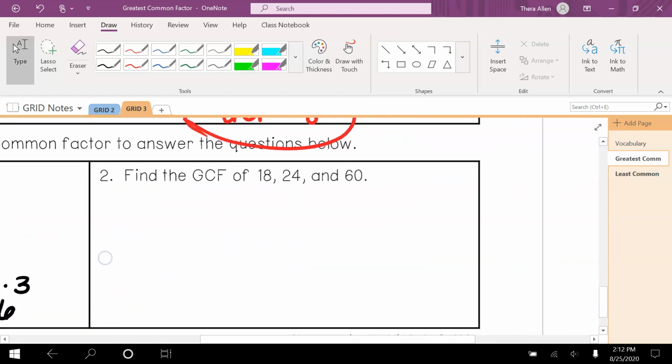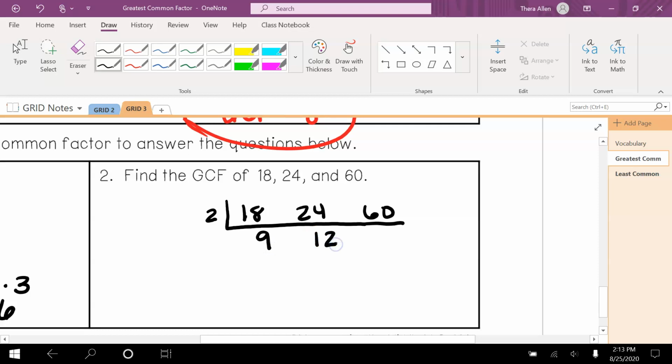The final one, we're going to use our ladder method. We have 18, 24, and 60. I think what can go into 18, 24, and 60? Well, I know 2 can. 18 divided by 2 is 9. 24 divided by 2 is 12. 60 divided by 2 is 30. Now, is there anything that can go into 9, 12, and 30?